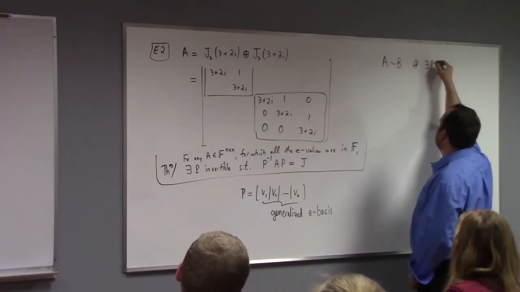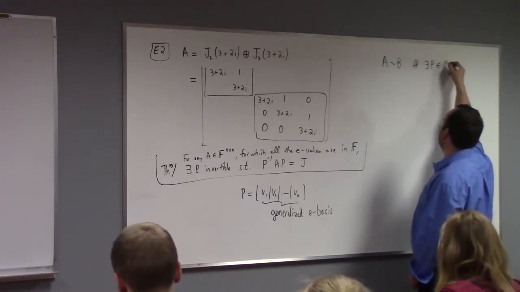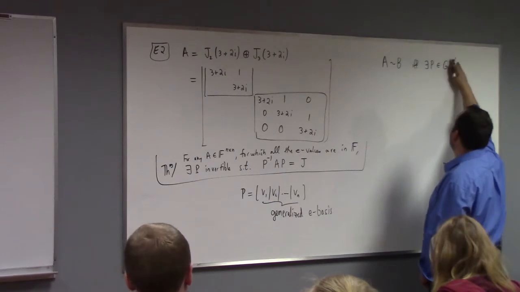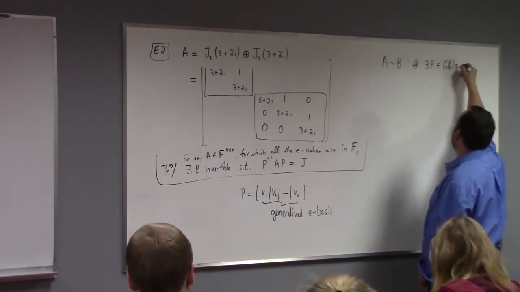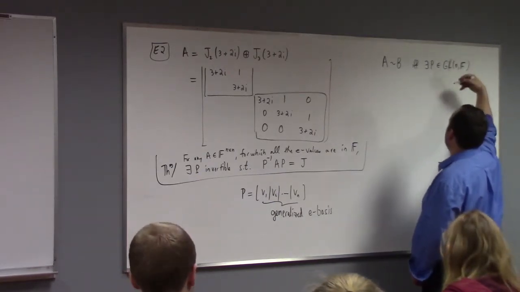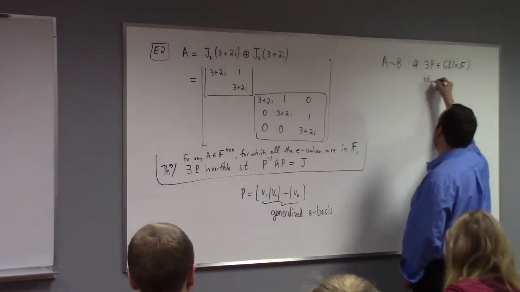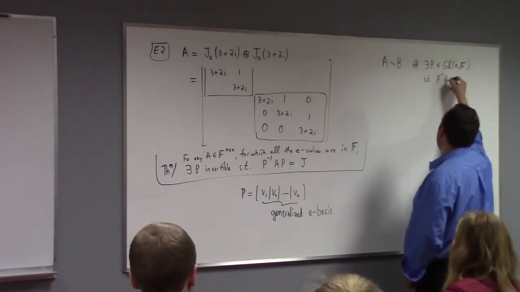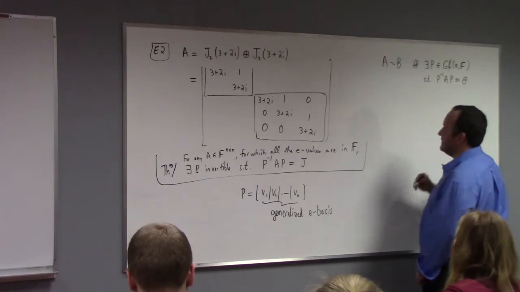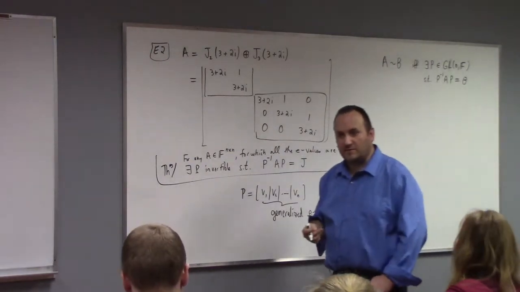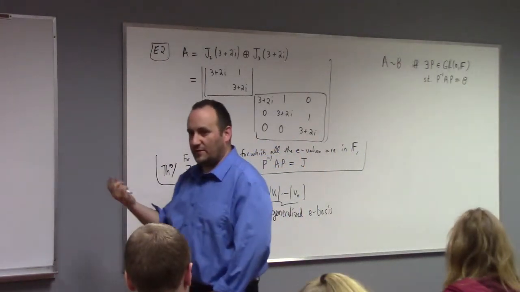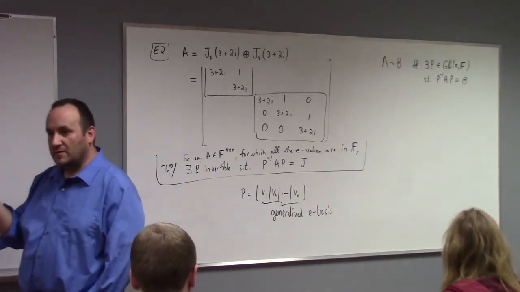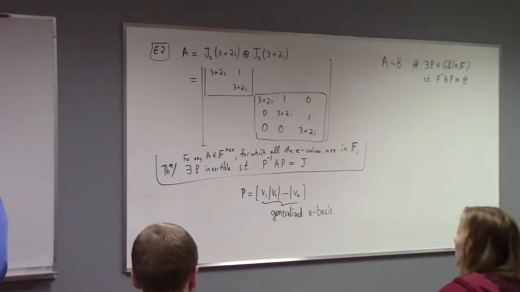If there exists P in, well, let's say GL_n(F), so an invertible n by n matrix over the field, such that P inverse AP is equal to B. So this is what it means for two matrices to be similar. If you can conjugate them by an invertible n by n matrix and get from one to the other.